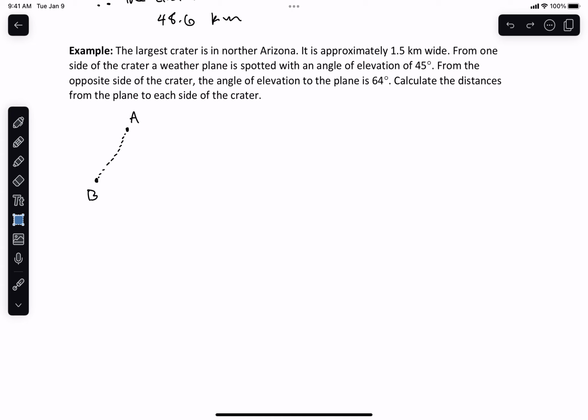I think this is where it is. There's lines of sight. We can make it solid if you want.